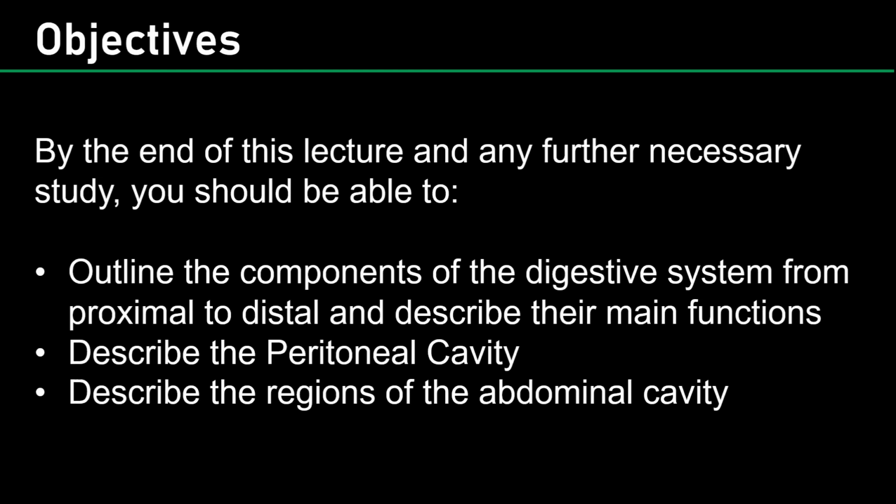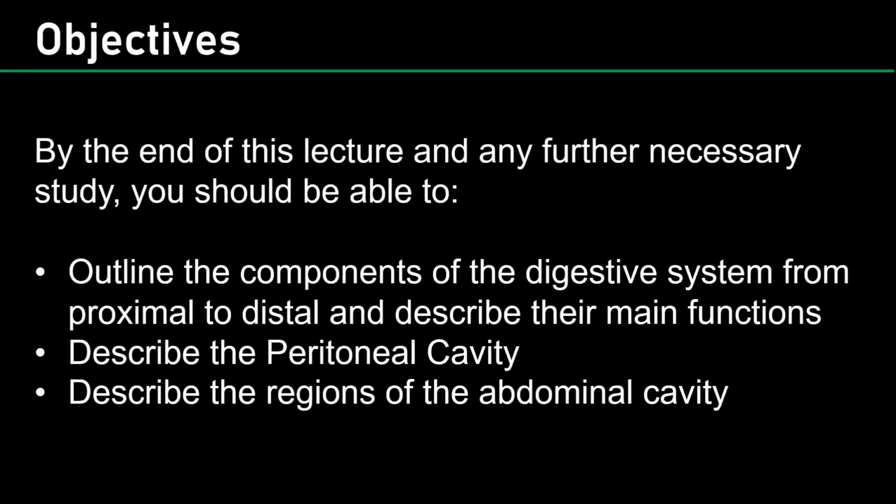You should also be able to describe what we mean by the term peritoneal cavity, including its locations. And lastly, you should be able to describe the regions of the abdominal cavity.